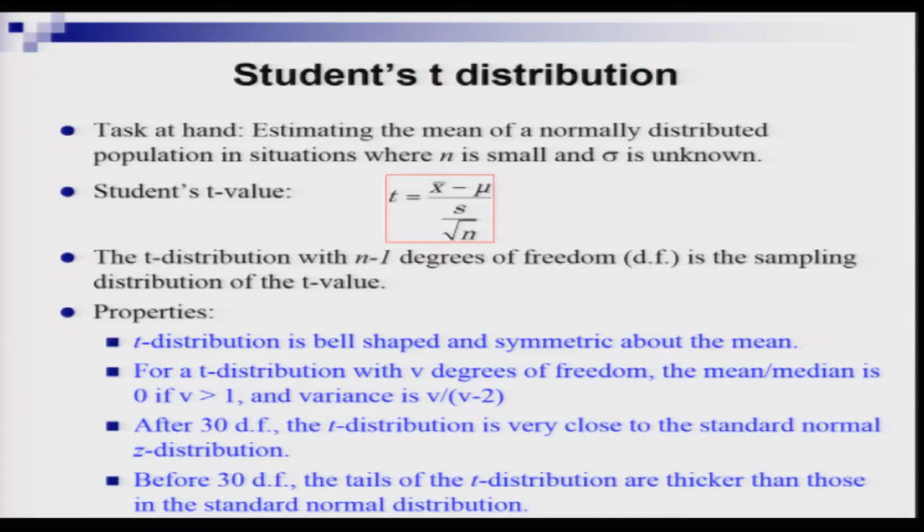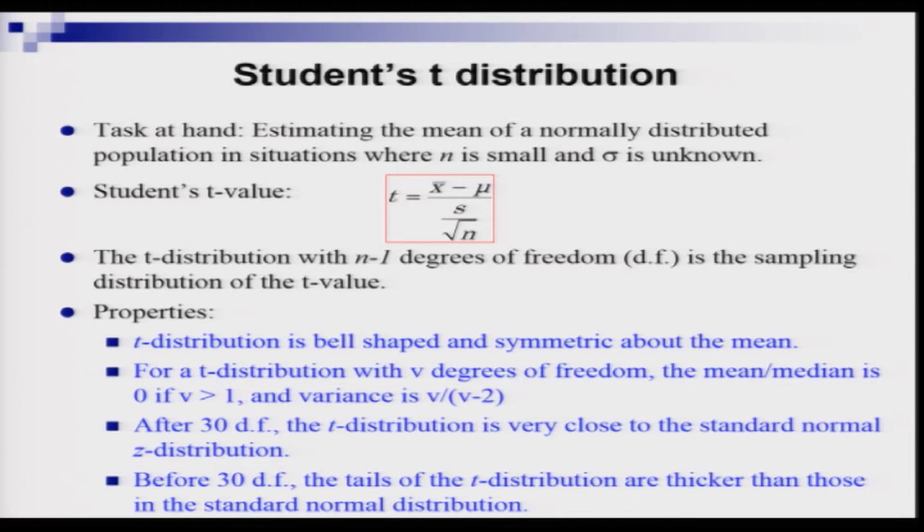And so, we need to figure out some solution, and statisticians have provided us the solution. So, we are going to work with the Student's T distribution. Okay. Now let us have a look at Student's T distribution, its key features.